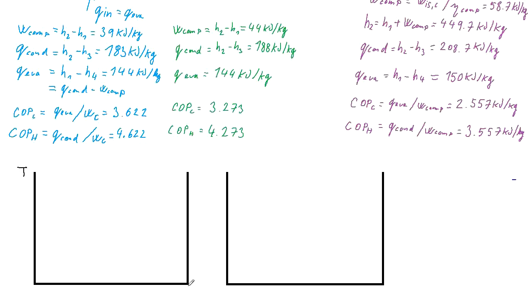So you will have the temperature and the heat transfer, where the heat transfer will be normalized, so going from 0 to 1, 0 to 1 for the Q, T over here, and we will have the condenser and the evaporator.